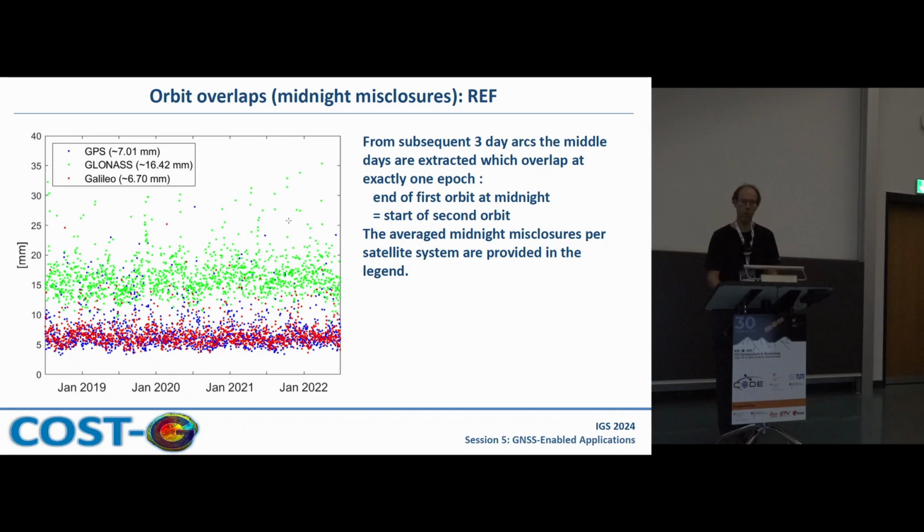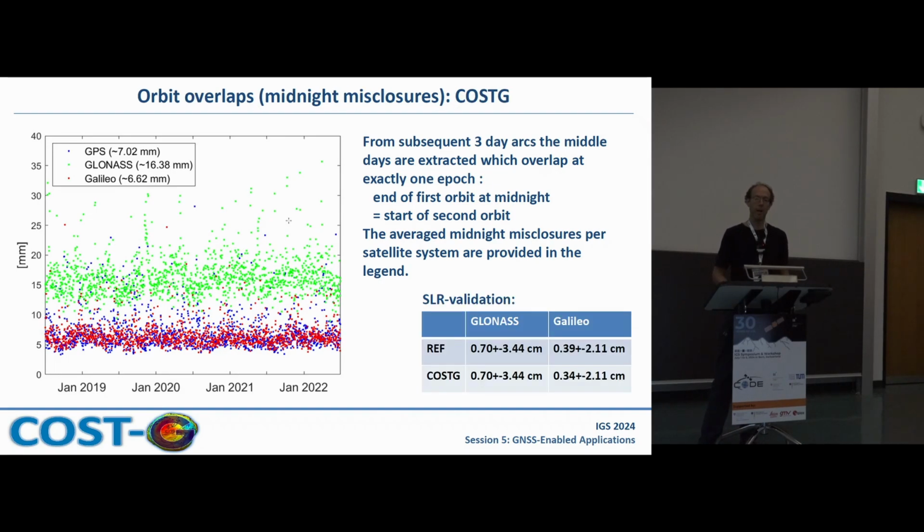Here are shown orbit overlaps, midnight discontinuities, based on the reference gravity field, and its computation of 3-day orbits, and always the middle day was taken to compute these midnight discontinuities. And in the legend you see the RMS of the differences.